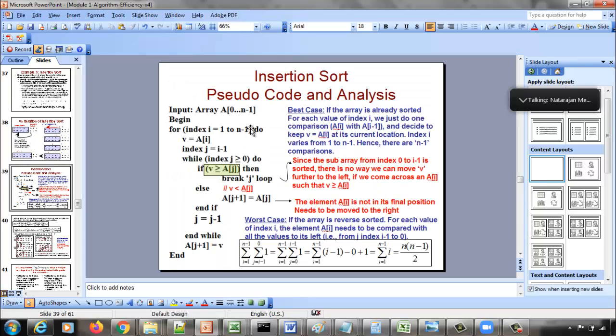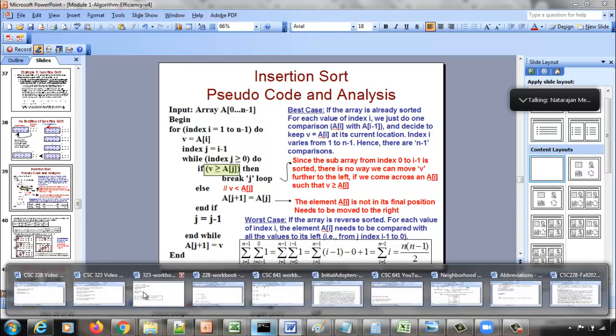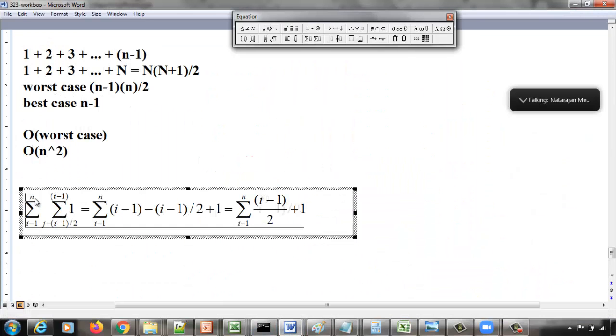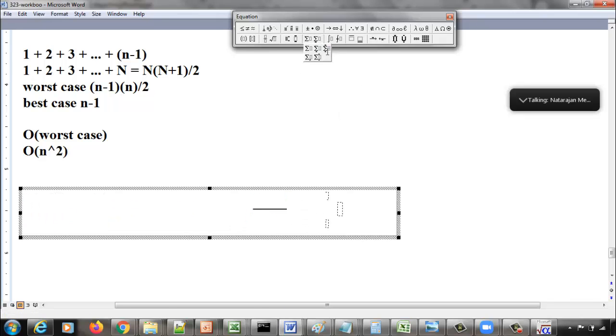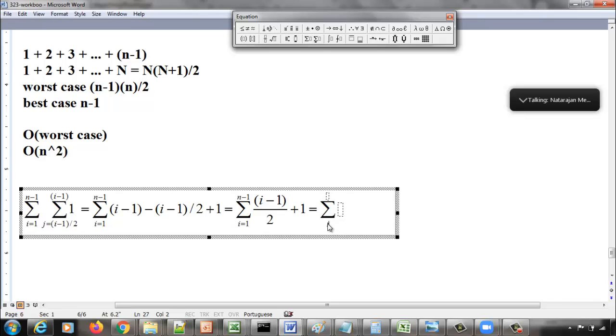Now the i loop will run from 1 to n minus 1, because that's the maximum index, right? So let me make the change here. We can solve this summation further by writing it as sigma i equals 1 to n minus 1 of (i minus 1) over 2 plus 1.